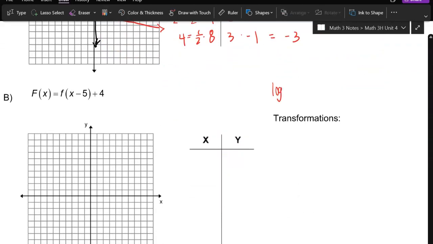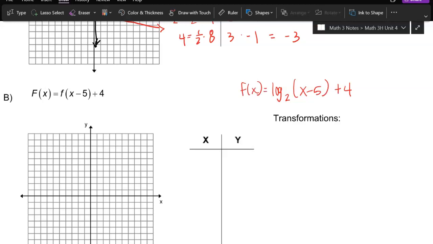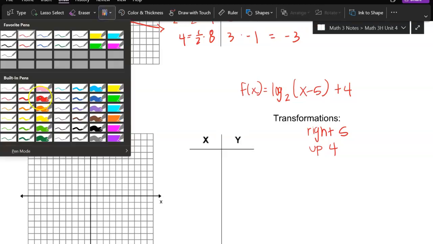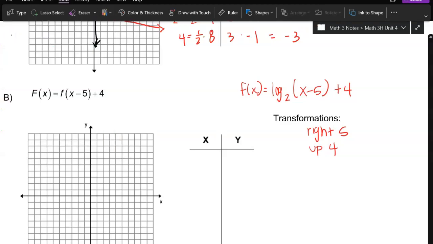So log base 2 of x minus 5 plus 4. So we are going to shift right 5, because remember opposites, and up 4. So for our parent function, remember we're here at 1, 1. So we are going to shift that over.